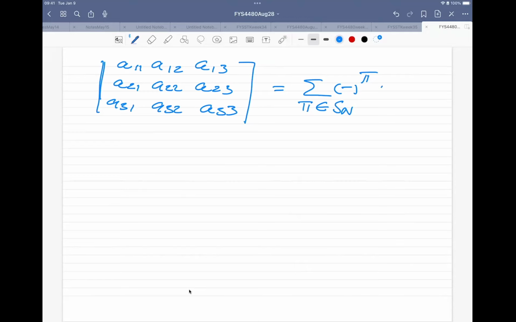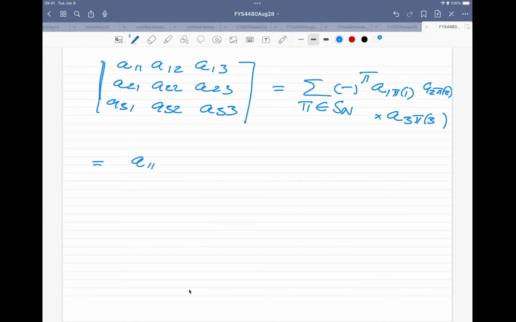And then you have the basic element, A1, and then you change the column. And then you have an A2, and you can change the column, multiplied with A3, and then you can change the third column.